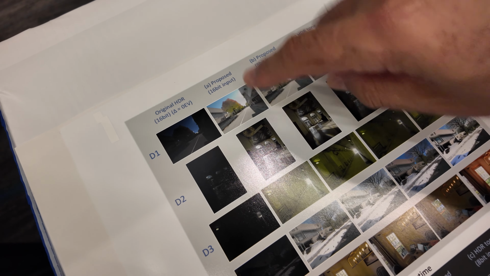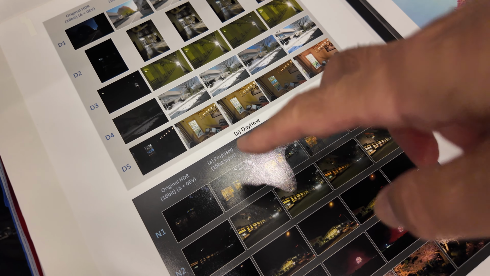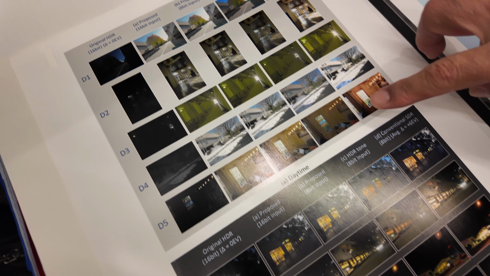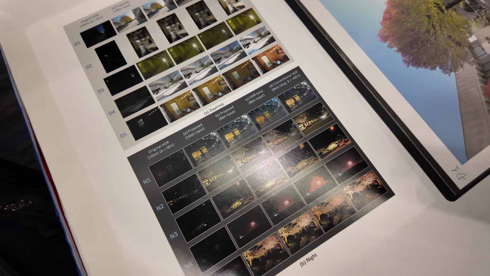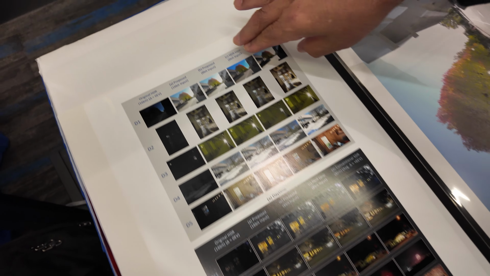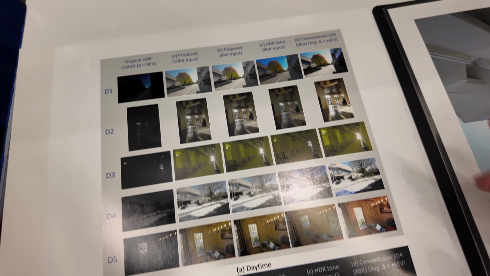These two columns are our proposal, this is HDR tone, and this is conventional SDR. You can find HDR tone is very dark compared with others.